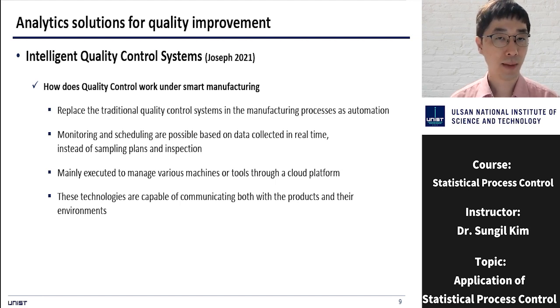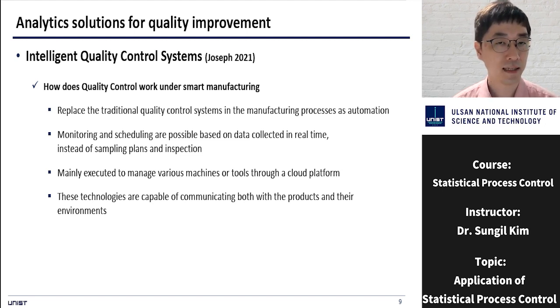The authors of this paper defined intelligent quality control systems and explained the concept of it. They argued that the concept will replace the traditional QC system in the manufacturing processes as automation takes over most of the operational tasks that were routine tasks performed by humans. That is, in smart manufacturing, monitoring and scheduling are possible based on data collected in real time instead of sampling plans and inspection.